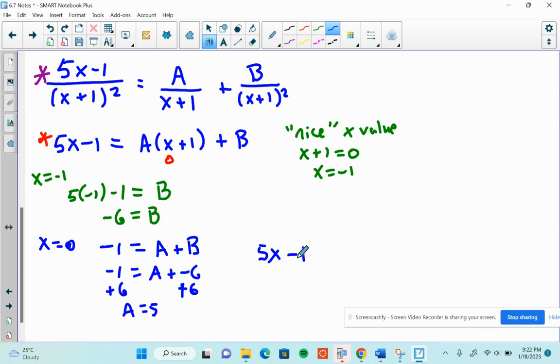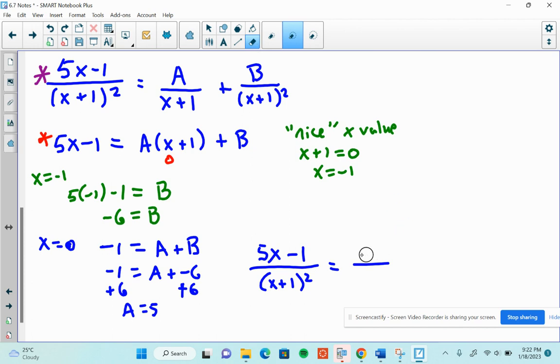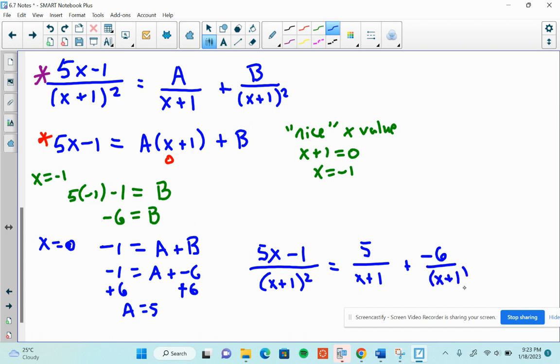So 5x minus 1 over x plus 1 squared will equal 5 over x plus 1 and plus negative 6 over x plus 1 squared.